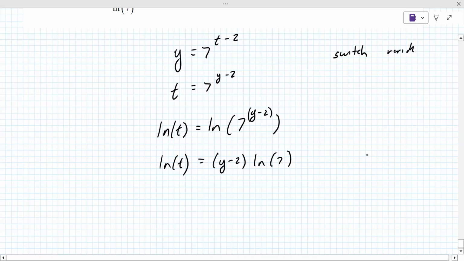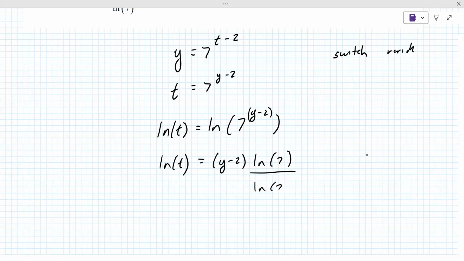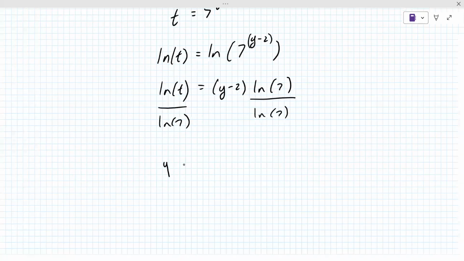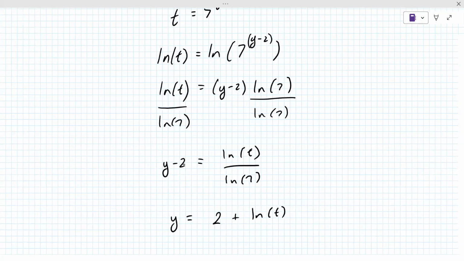Okay, so we're still solving for y. We're going to divide by natural log of 7. And then I tend to switch the sides at some point. Add 2, so y equals 2 plus natural log of t over natural log of 7.